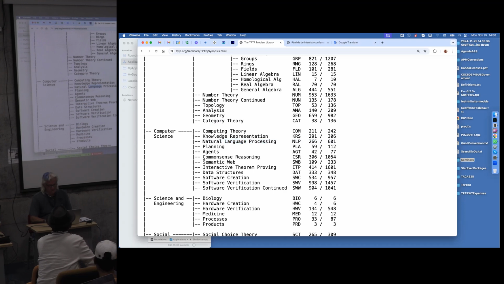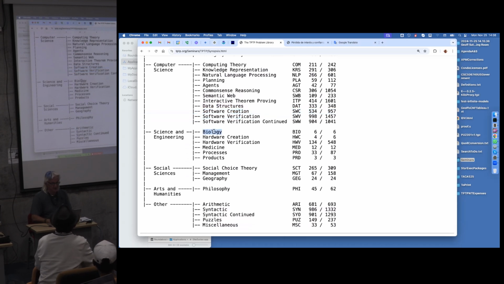Common semantic web, here we go. Things, data structures for testing, there we go. Trees, linked lists, all that stuff. And software. We do things in science, biology, right? So we have problems in biology that we can then use to test the automated theorem proving programs. Problems in medicine, products. This one, we have a very interesting test problem, how to make the best wine.